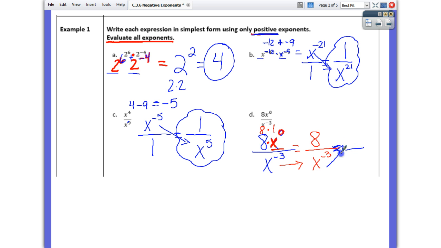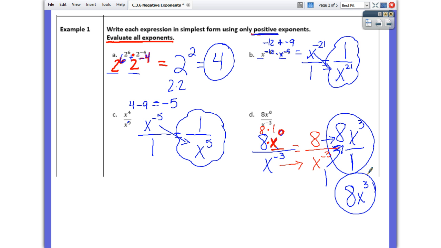The reciprocal, x to the 3rd power up here, and then 8 is positive. We don't need to move that or use its reciprocal, so bring that over. We have 8x to the 3rd on top and our 1 on the bottom. That I would accept. However, since 1 is your denominator, the best answer is just 8x to the 3rd power. Final answer.